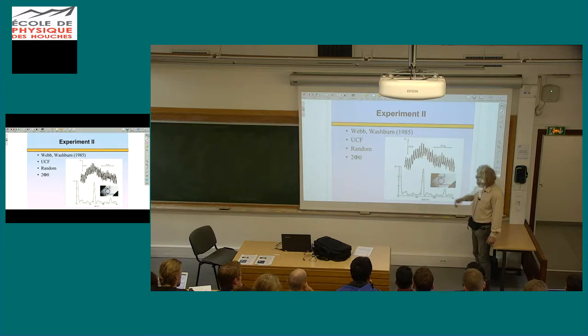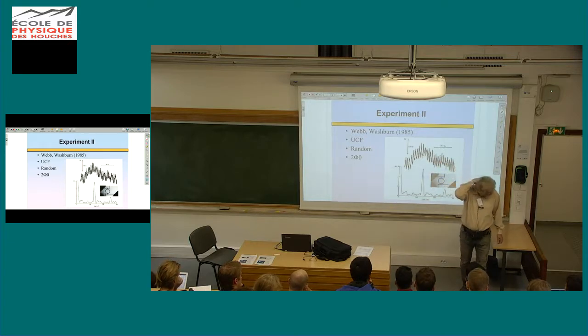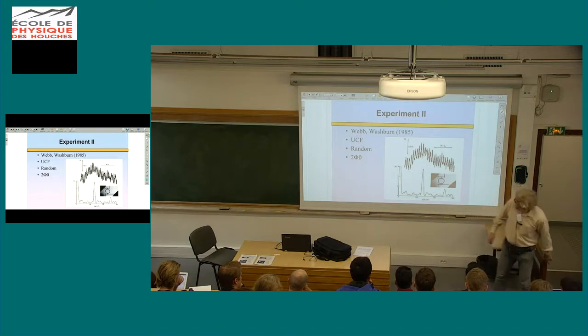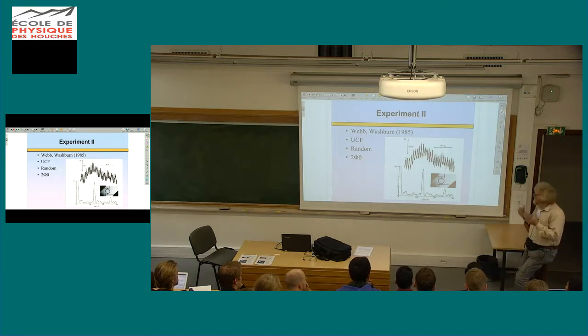Right, and they got such patterns which they call grass. I don't know which analogy you have. So it was something which apparently oscillates, but it does it in a very irregular fashion.